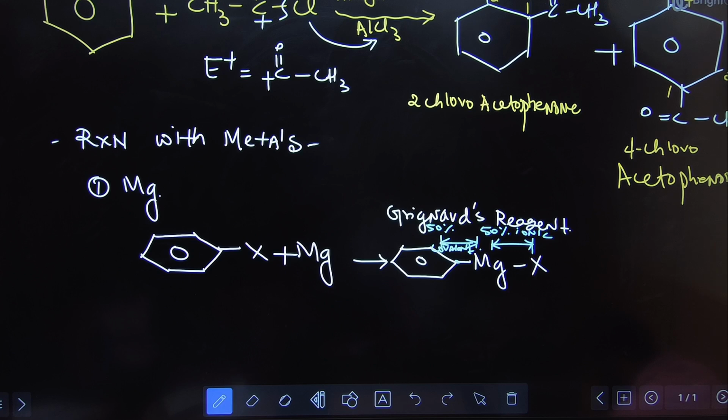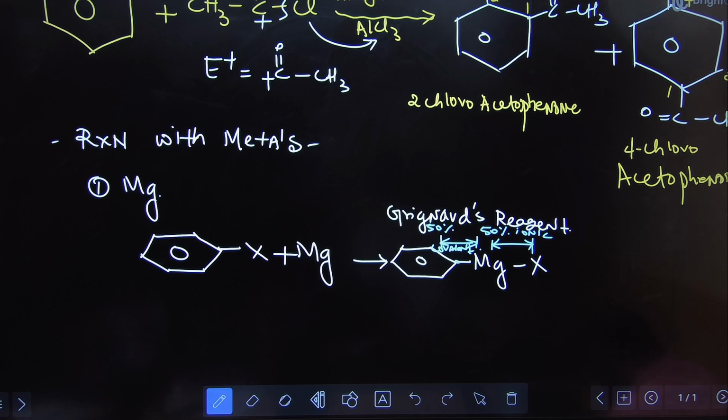Just go to that haloarene part. Okay, they have explained haloarenes. You can go to the chemical reactions. Go to 10.7 chemical reactions.